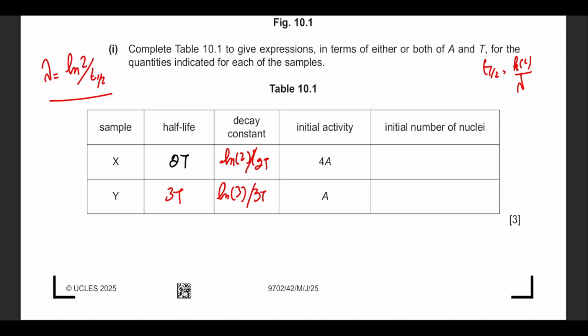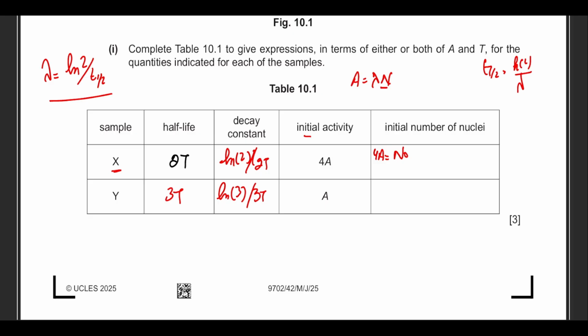It says the initial number of nuclei. We want to find the number of nuclei. So activity is equal to lambda N, okay? And if I want to find the initial activity for the first one, which is this X, that would be simply 4A as the initial activity. Current initial activity could be anything, and since they're interchangeable, okay? And that would become N naught, number of particles, e raised to the power negative, no, not e.